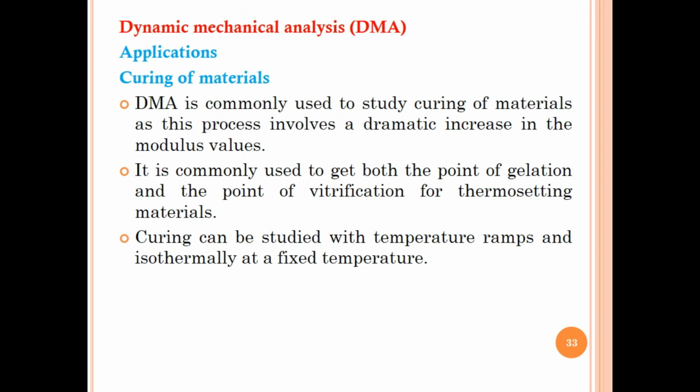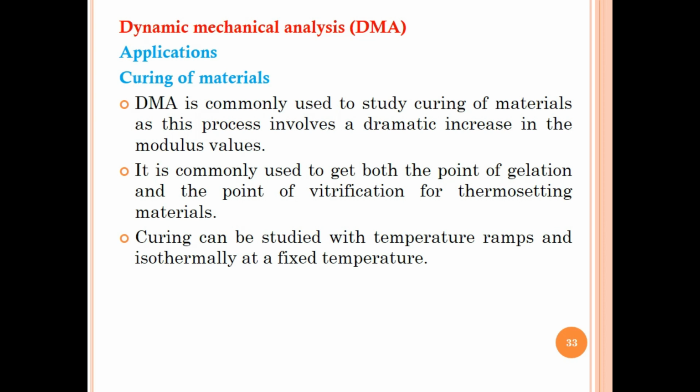This is another application of DMA: curing of the material. DMA is commonly used to study curing of material, as this process involves a dramatic increase in the modulus value, the storage modulus E' and loss modulus E''. It is commonly used to get both the point of gelation and the point of vitrification for thermosetting material.